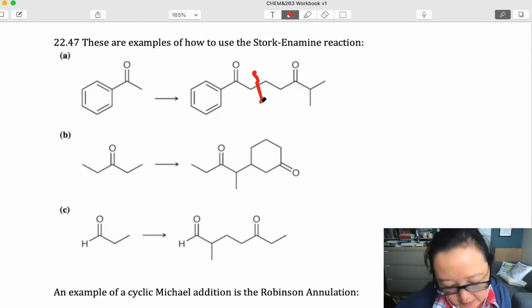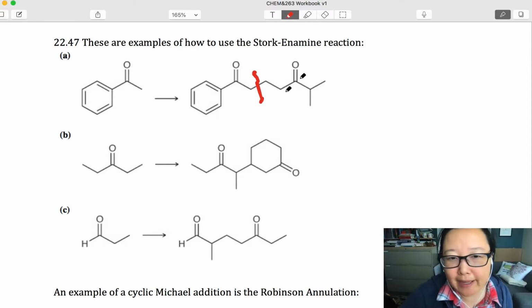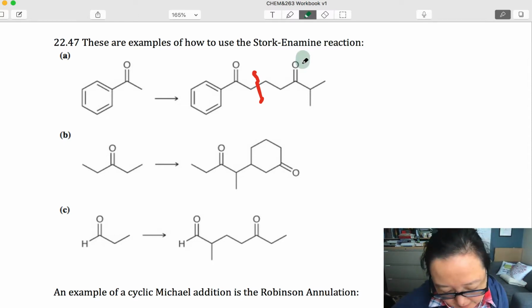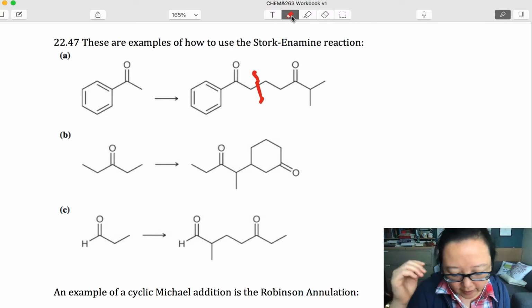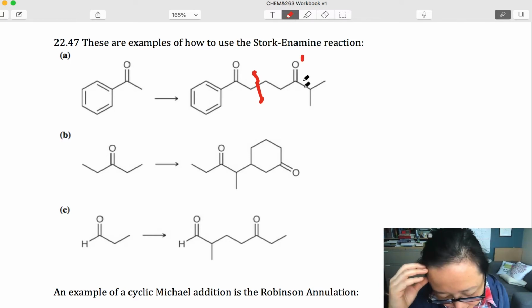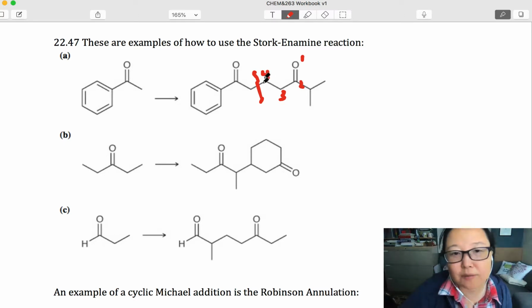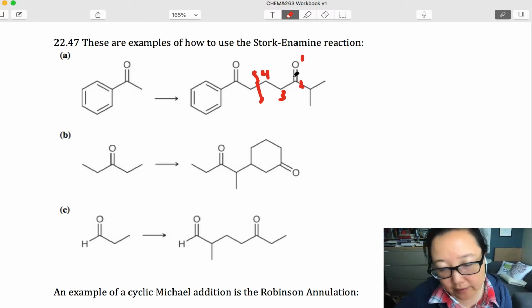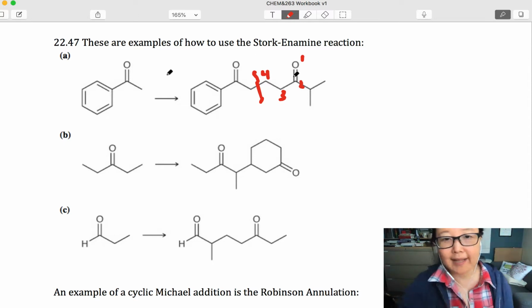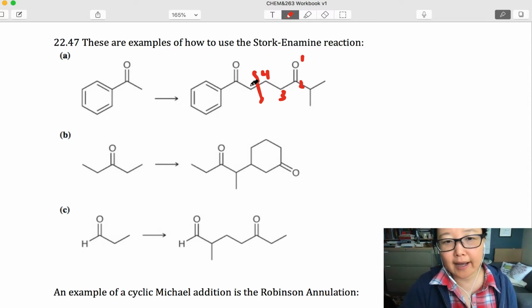I know there's lots of ways of adding R groups, but the reason why I know it's going to be a Michael type addition is because I have a 1,4 conjugate addition. I can just see that 1, 2, 3, 4. I'm adding to the beta carbon of this conjugate system, or should be conjugated when I start off. So I know it's going to be Michael addition.